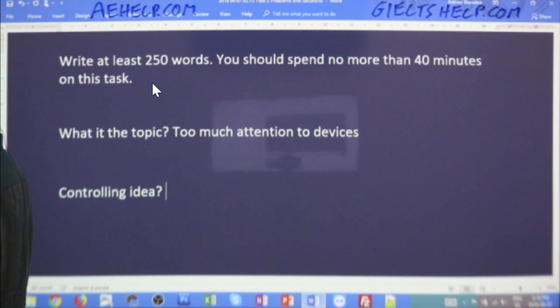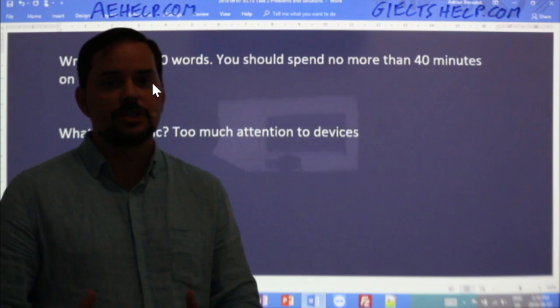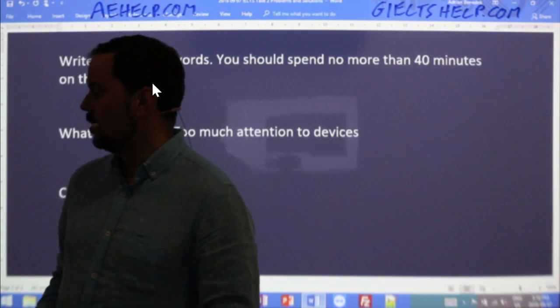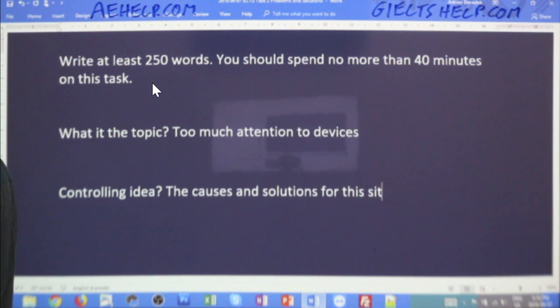The controlling idea is 2 parts in this case. Okay, so this is a problems and solutions type task 2 essay. So the controlling idea is the causes and solutions for this situation.